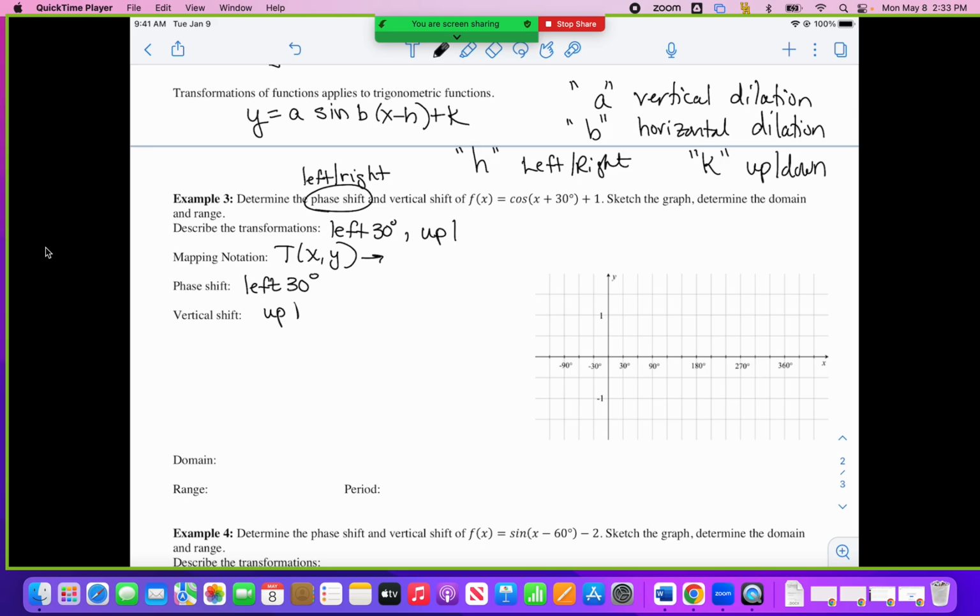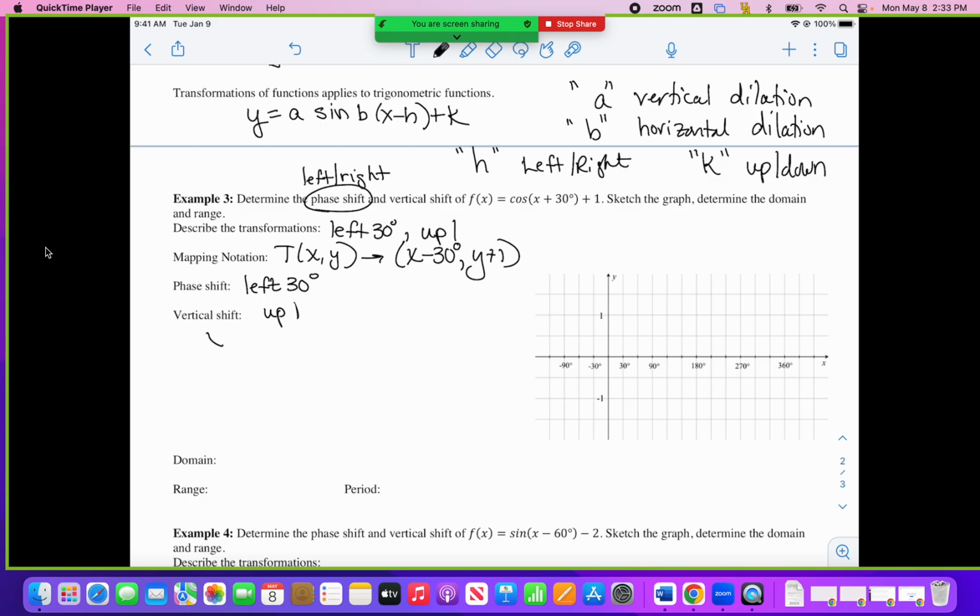So I'm just trying to give you different tools, and you're going to figure out which tools you like better. So if I'm going to move left 30, that's going to take the x values minus 30. And if I'm going to move up 1, that's y plus 1. So this is just getting maybe the cobwebs out if we forgot about our mapping notation.